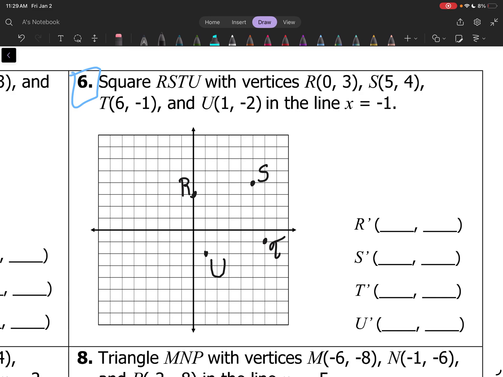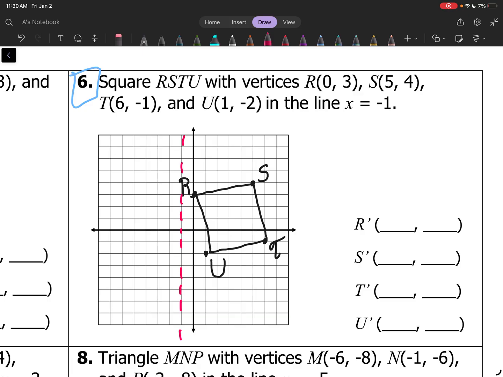Here is my pre-image, RSTU. And it says I want to reflect this over the line x equals negative 1. Well, x equals negative 1 is here. So here's the dashed line I'm going to be reflecting over, my line of reflection.